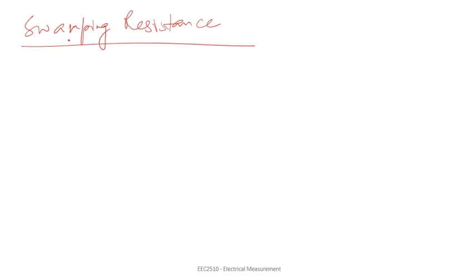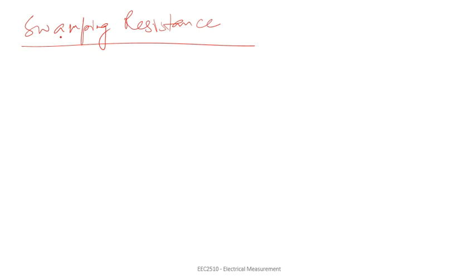Let us discuss swamping resistance again. We had already discussed this in the case of ammeters, that is, when the PMMC instruments are acting as the ammeter. So we already know what swamping resistance is and why it is used.